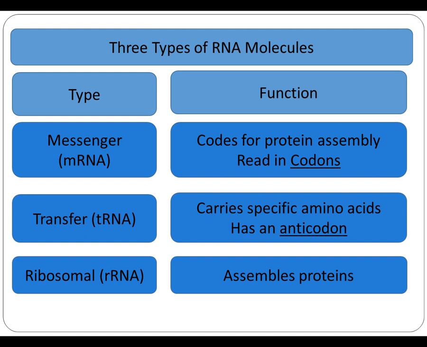Where we'll apply this is during translation, in which it is arranged in what's called codons. Our messenger RNA is arranged in codons when we start using it. And what's a codon?